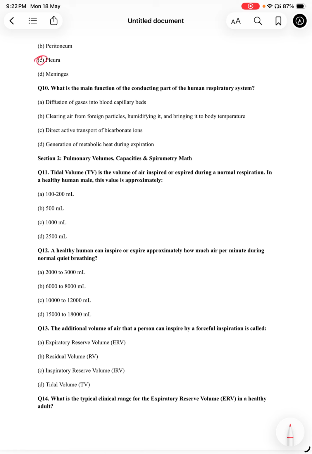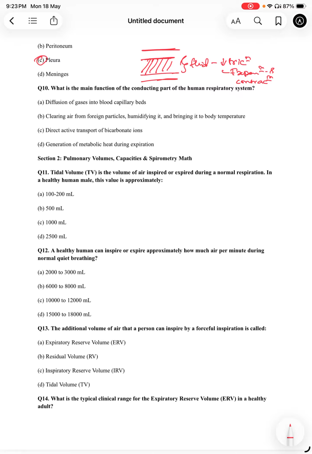There's an outer parietal pleural layer on the thoracic wall, and the inner visceral pleura covers the lung surface. Between them there's a pleural fluid, which decreases friction during expansion and contraction.